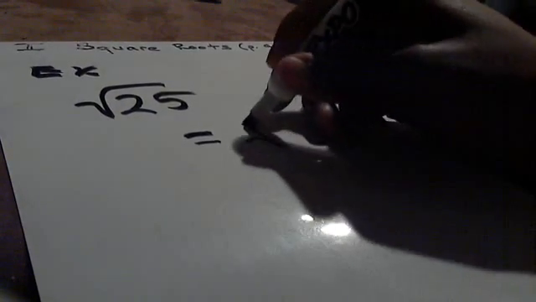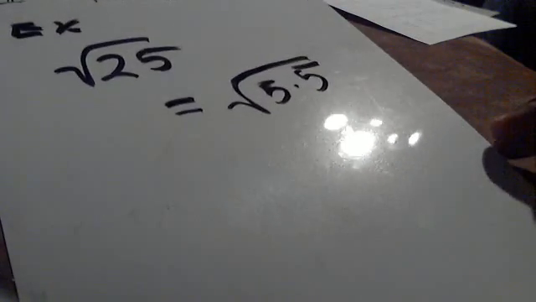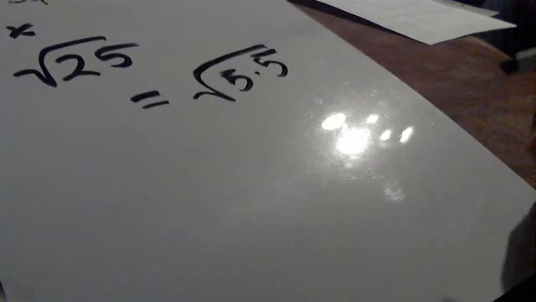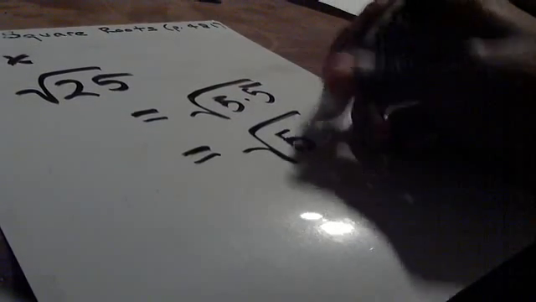So here, also in these videos, I want you to use this as a way to know how to show your work. Since 5 is that number, in place of that 25, we would just put 5 times 5. Another way of looking at that, we have a repeated multiplication of 5.